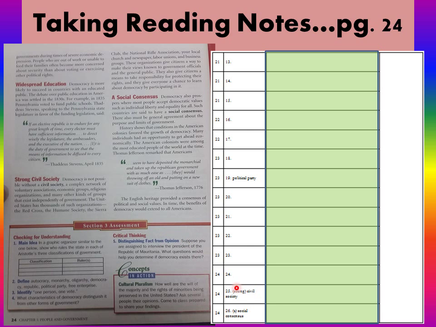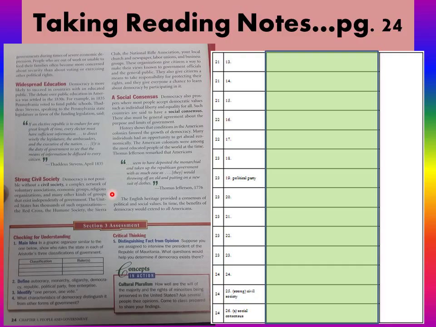All right, number 25, strong civil society. Democracy is not possible without a civil society, a complex network of voluntary associations, economic groups, religious organizations, and many other kinds of groups that exist independently of government.